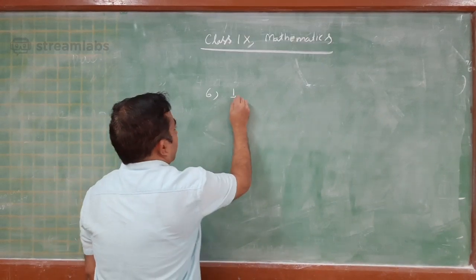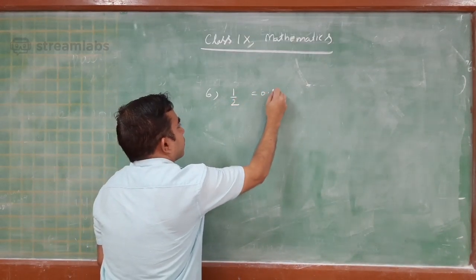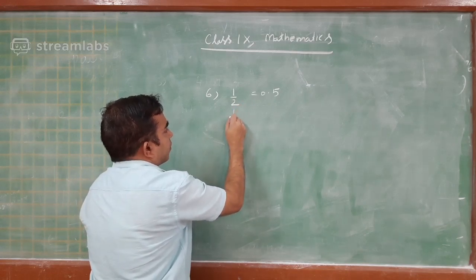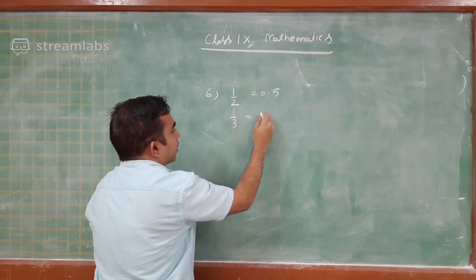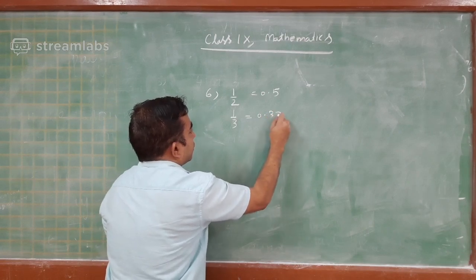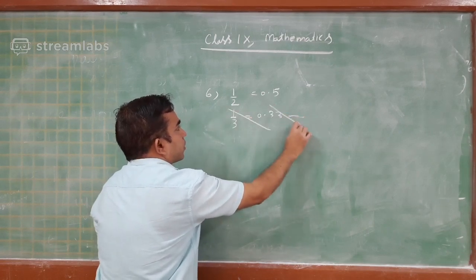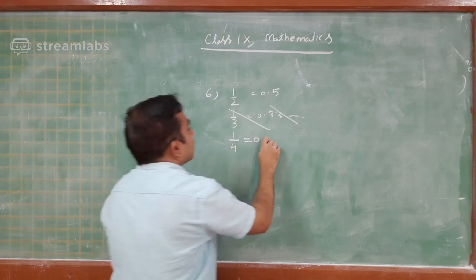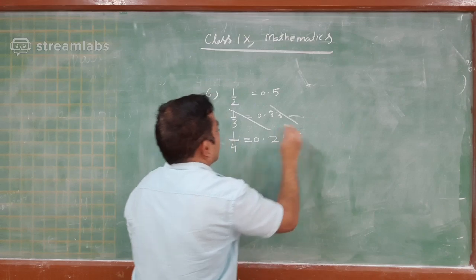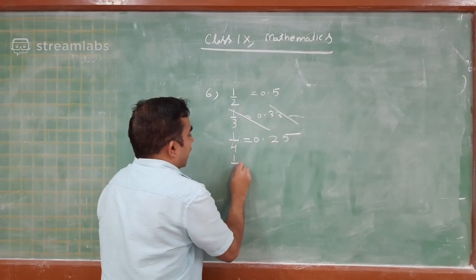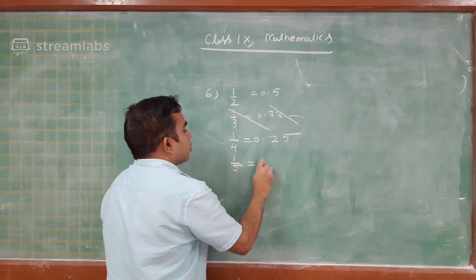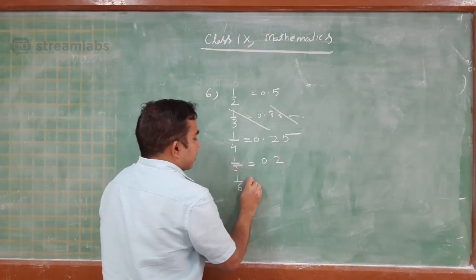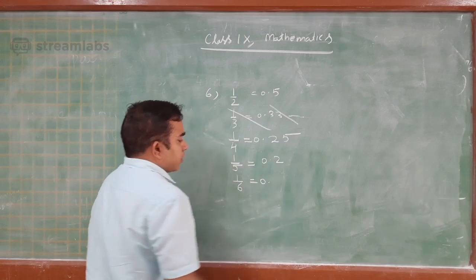If I take some examples, 1 upon 2 is 0.5. Now if I take 1 upon 3, it will not be a terminating one. 0.333, so this is not terminating. 1 upon 4 is 0.25. 1 upon 5 is 0.2. 1 upon 6 will become how much?